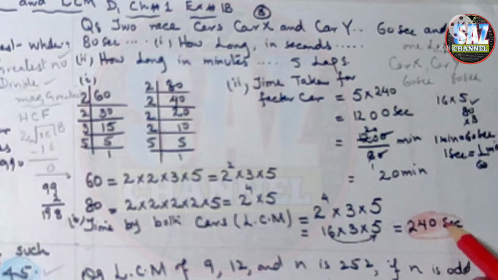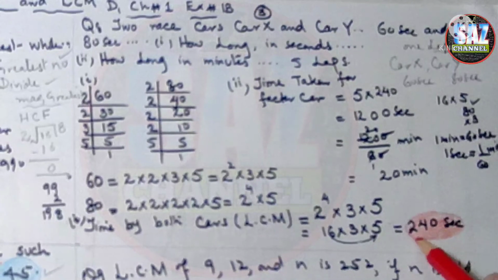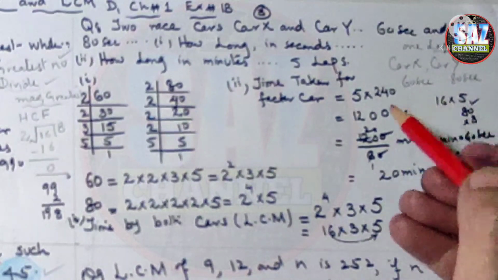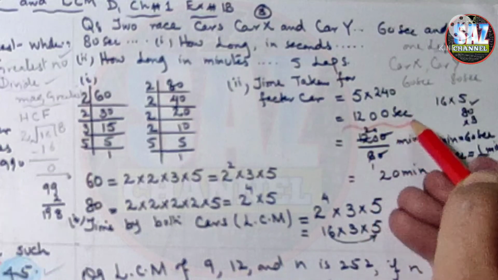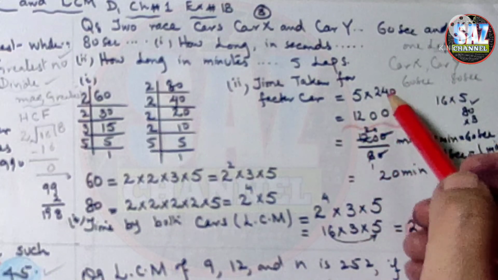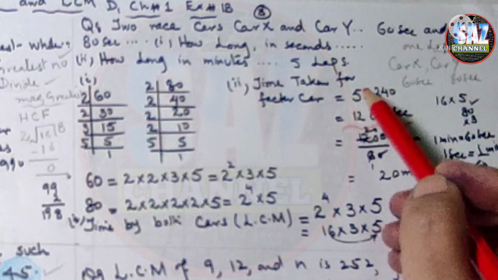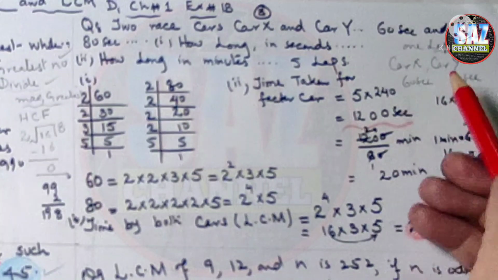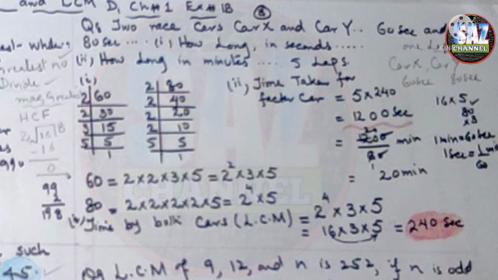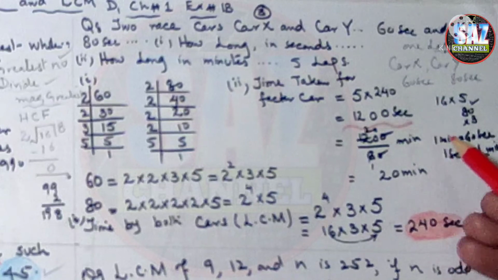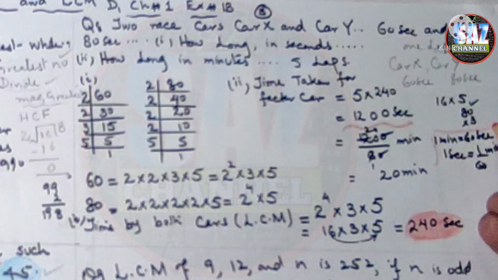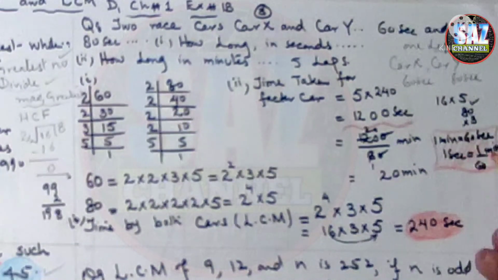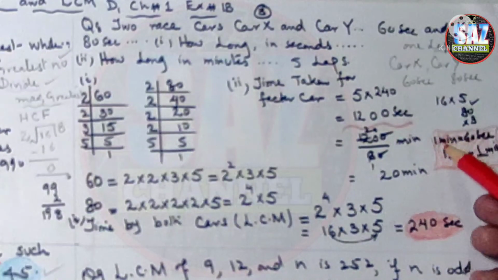especially can understand the answer, that here the time is 240 seconds, and here first we are obtaining the time taken by the faster car to cover 5 laps, and for that purpose the answer is coming 1200 seconds. And as the question says, to give the answer in minutes, we know that 1 minute is having 60 seconds.